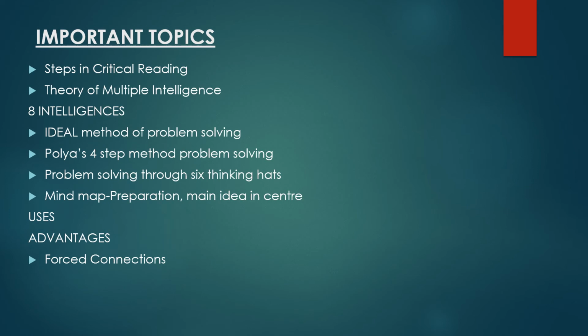Green hat, right? Creativity. So each color is associated with each kind of thinking. Go through that match the following list also, and in your modules there are several examples given in the text, so go through that also and then study it properly and answer accordingly.